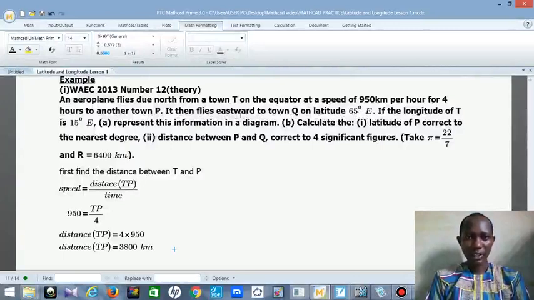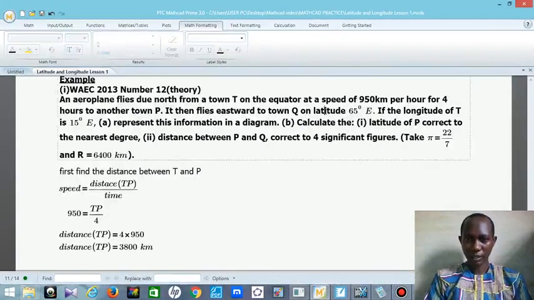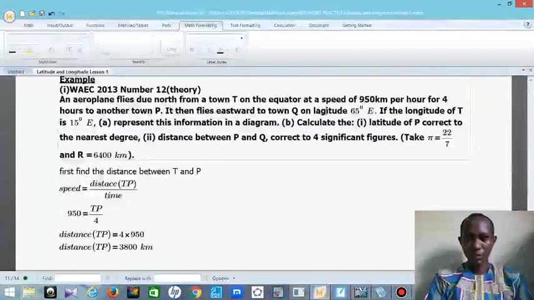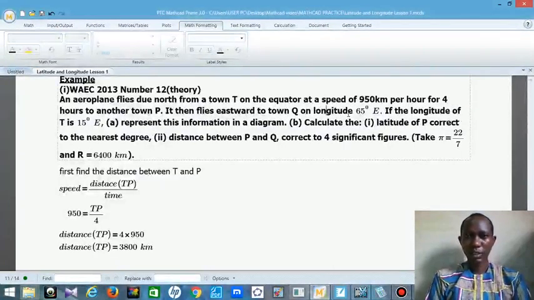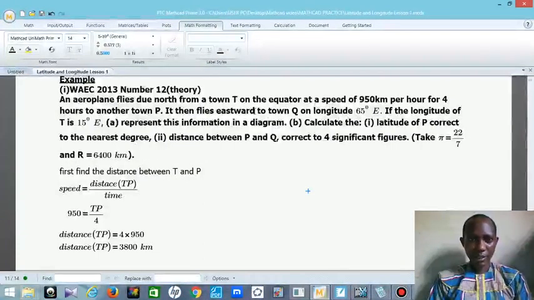Sorry, this is longitude, it cannot be latitude. Longitude is east and west. So let's correct this place. It then flies eastward to town Q on longitude 65 degrees east.